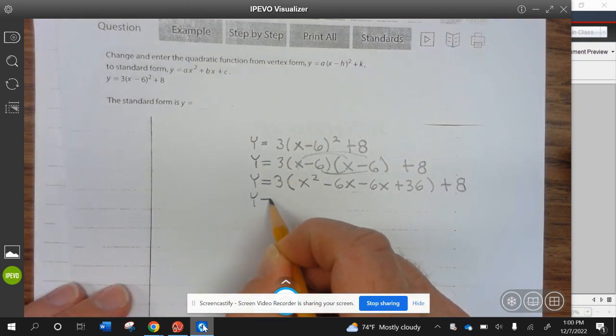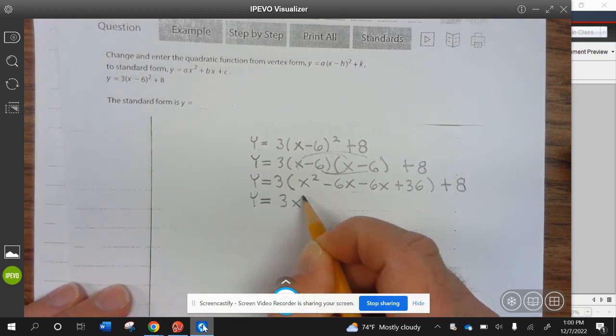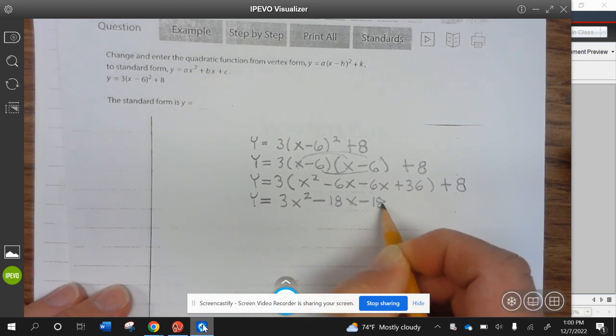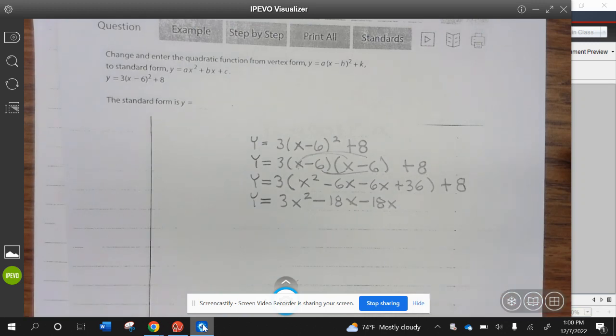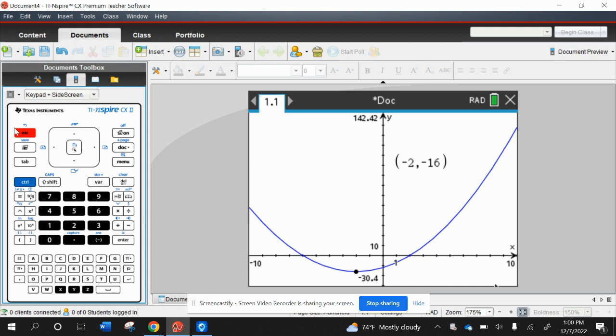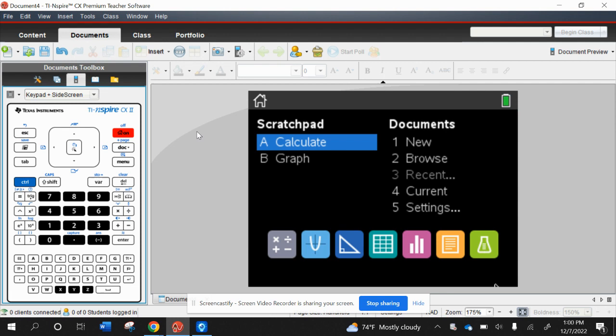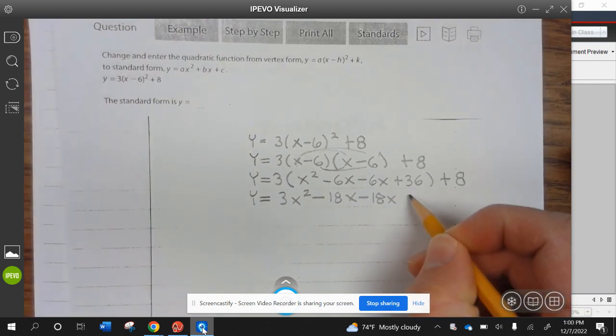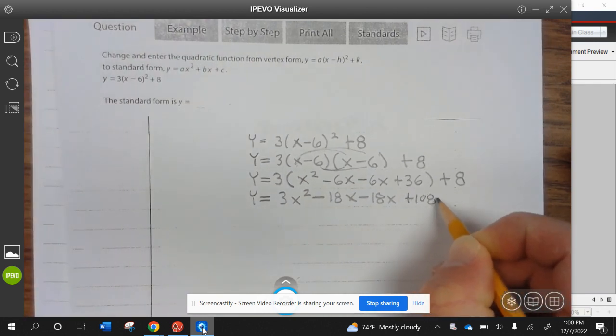Then we're going to multiply everything by 3. So that's 3x squared minus 18x minus 18x plus 36 times 3. I don't know what that is off the top of my head, so we can press On and calculate. 3 times 36 is 108. So plus 108 plus 8.